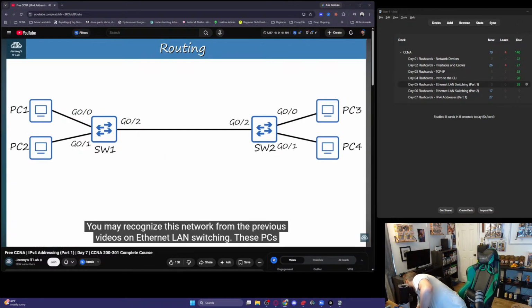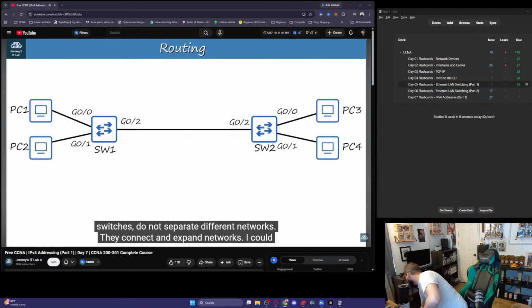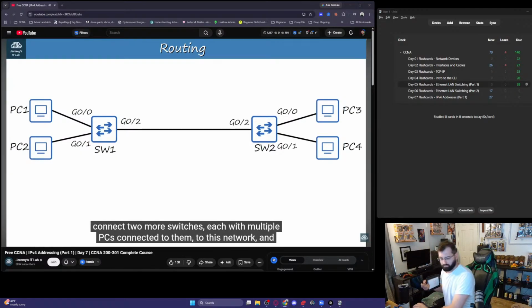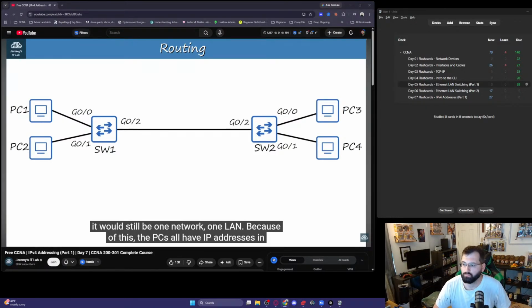You may recognize this network from the previous videos on Ethernet LAN switching. These PCs are all connected by switches, so they are part of the same network. These Layer 2 devices, switches, do not separate different networks. They connect and expand networks. I could connect 2 more switches, each with multiple PCs connected to them, to this network, and it would still be one network, one LAN.